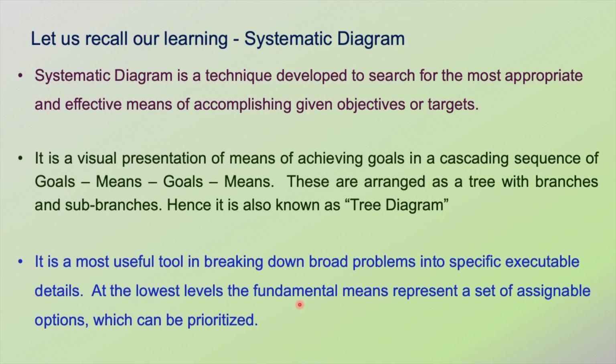At the lowest level, means represent a set of assignable options. So at the end of the tree diagram, the goals become a set of assignable actions which can be prioritized, and if they are executed, the final goal can be achieved. That is the purpose of tree diagram.